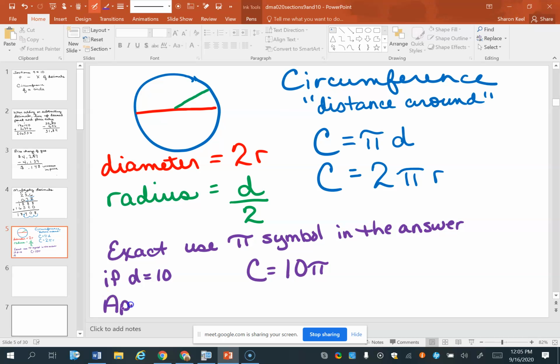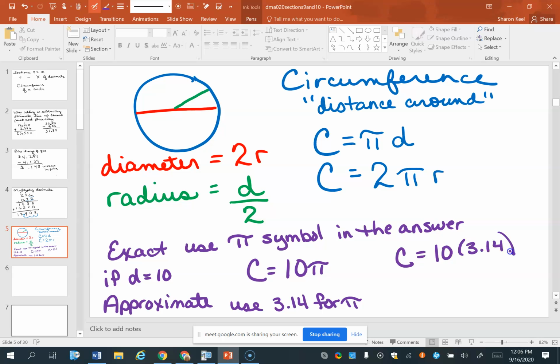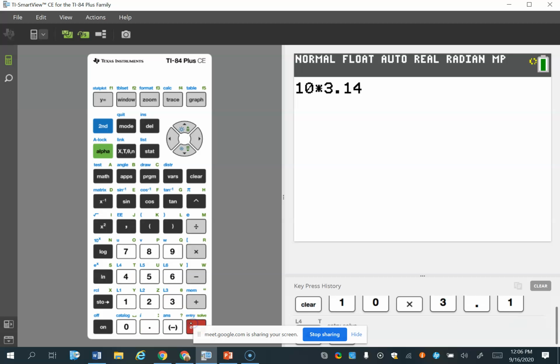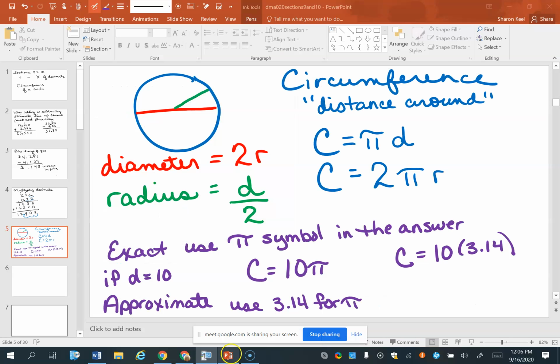If they want an approximate answer, they're going to want you to use 3.14 in the place of pi. If that's the case, for the approximate, we would do 10 times 3.14, and 10 times 3.14 will give you 31.4.